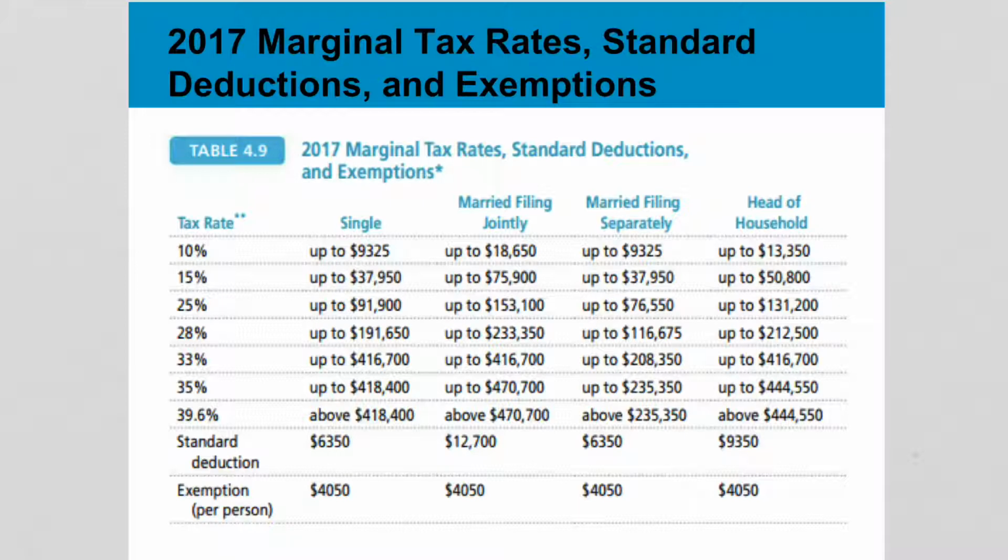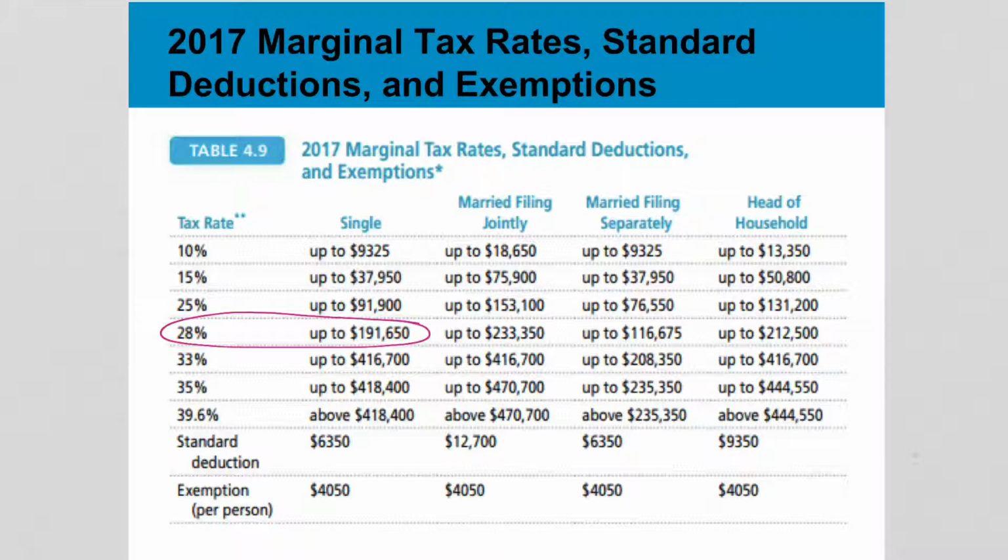Here's what it says. For example, if you're single and you make up to $9,325 in a year, then your tax rate is only 10%. While if you're single and you make up to $191,650 per year, then your tax rate is 28%.